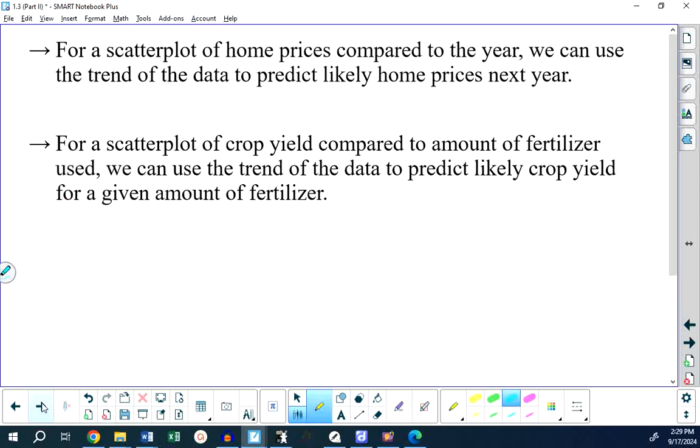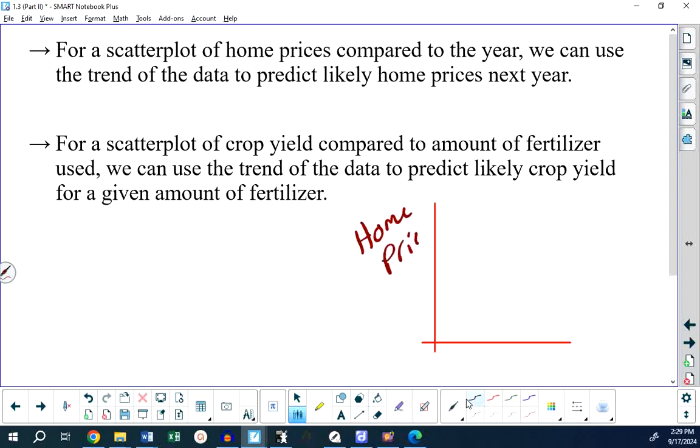If I had a scatter plot, and I will draw one for you here. If I had a scatter plot that showed home prices, we'll say in Wetaskiwin, compared to the year. So this might be 2018.